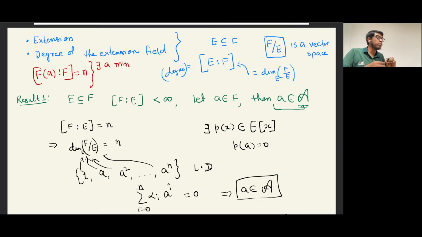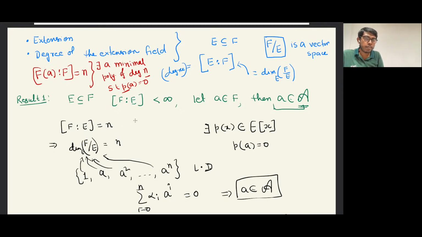Minimal polynomial means the degree of the polynomial is the least, so you cannot have a lower degree. So there exists a minimal polynomial of degree n such that p of a equals 0. This degree is the least degree such that p of a equals 0. So you cannot find a lower degree.